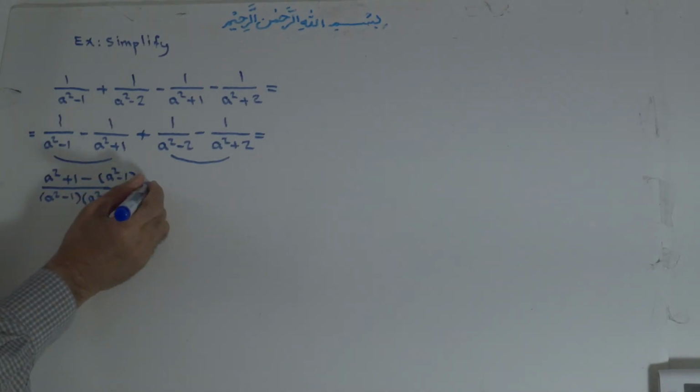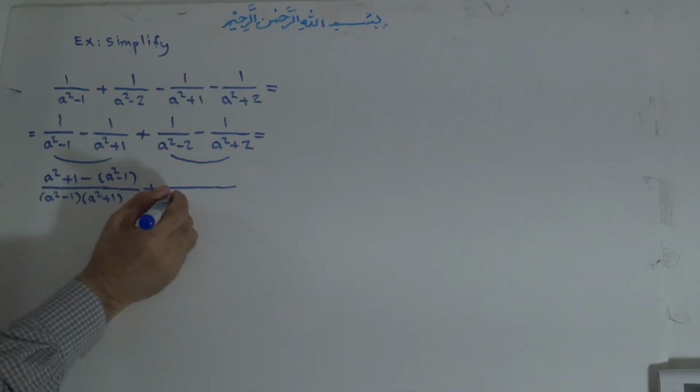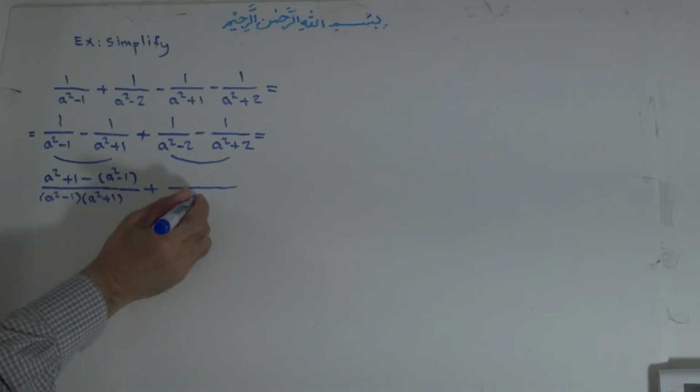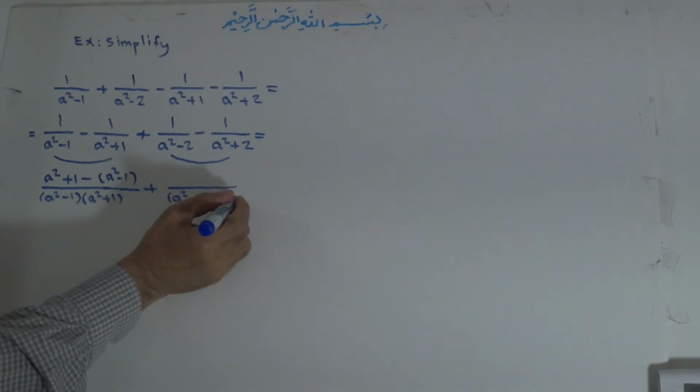plus, for these two, the common denominator is a to the power of 2 minus 2 times a to the power of 2 plus 2.